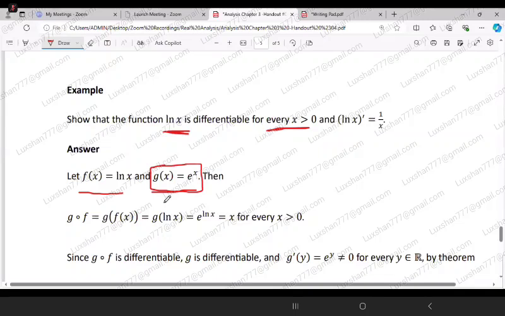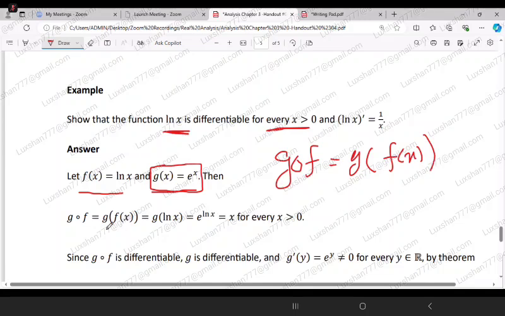Now, in order to use the composition rule, we need two functions. One function you take as the given function ln x, your f(x). g(x) you take as e to the power x. Why are you taking e to the power x? Shortly you will understand. Now I am considering g circle f. g circle f means g of f(x).